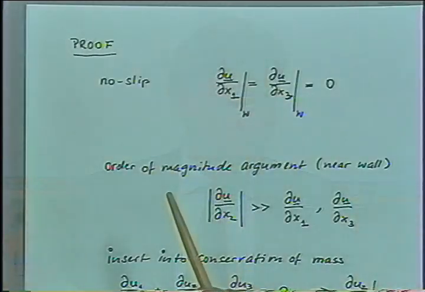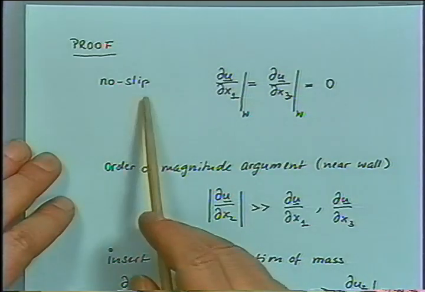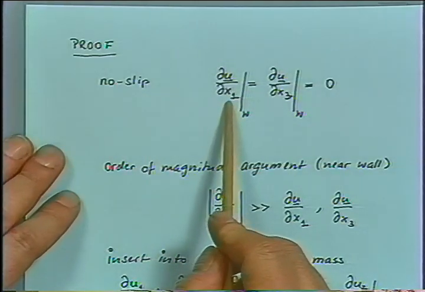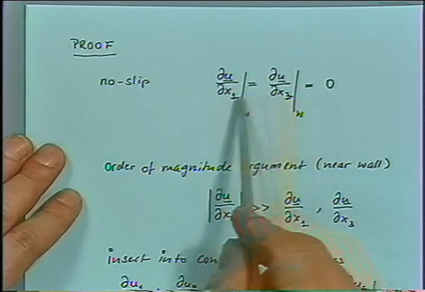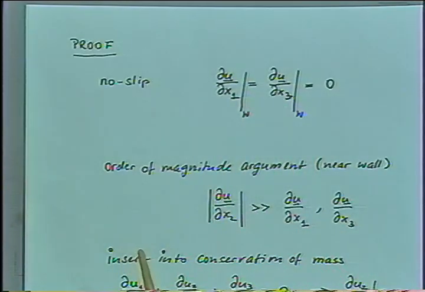Near the wall, first let's stay at the wall. We would assume a no-slip condition. The velocity at the wall is 0, and the gradient in tangent direction, so in x1 or x3 direction, which is the tangent along the wall, would maintain the same value, so the gradient is equal to 0 for our velocity field.